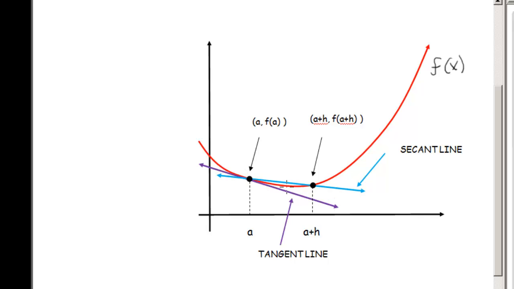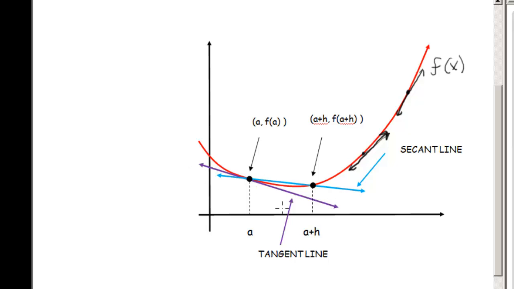So as you turn, the direction that your headlights are pointing turns also. So if we were looking at a point up here, say maybe right here, our tangent line would look something like this. Over here, our tangent line would look something like this. Okay, but right here, this purple line is what our tangent line looks like.